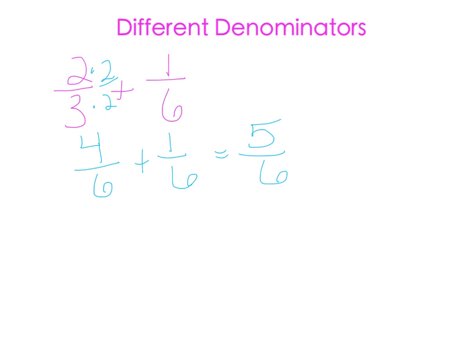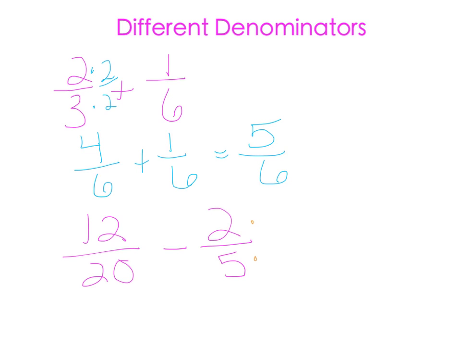Okay, what does this look like in subtraction? If I had 12/20 minus 2/5, once again, 12/20 and 2/5 do not have the same label. We have 20ths and fifths. But I know I can change my 2/5 into an equivalent fraction.